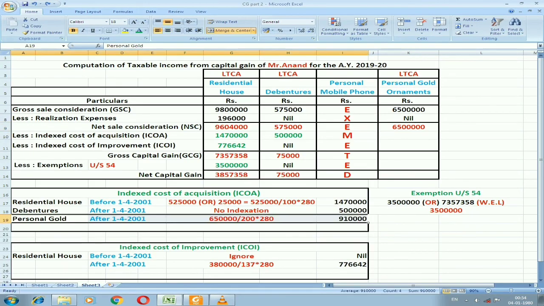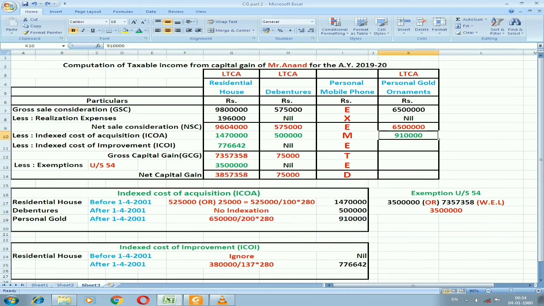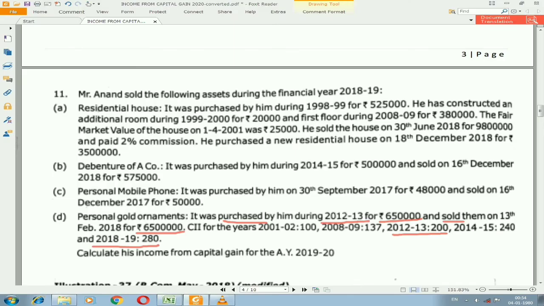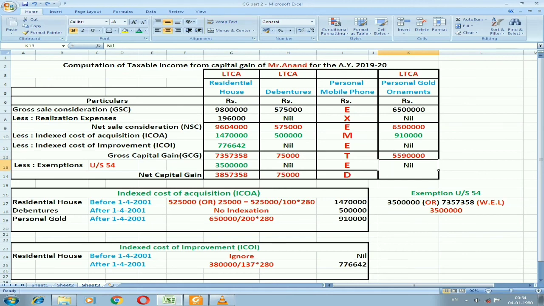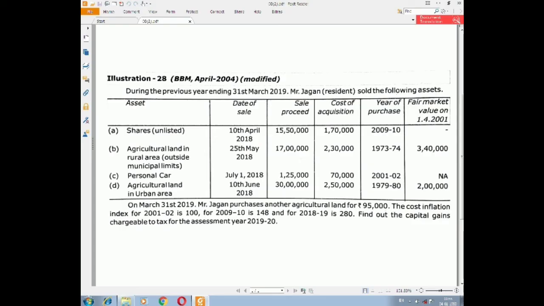In the working note I have entered that, so I'll get an amount of 9,10,000. Then we don't have any improvements for that asset, it will be nil. Amount will be 55,90,000. And then we don't have any new investment on that asset, it will be nil, and we'll get a total net capital gain as 55,90,000.